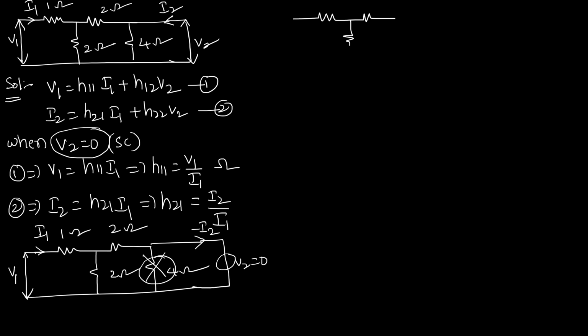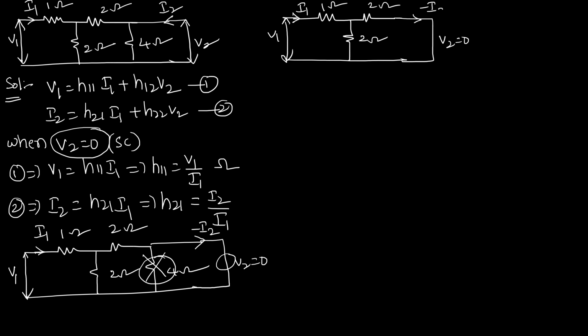So this is 1 ohm, 2 ohm, 2 ohm. Here is our V1 and here is our I1. Don't go for the 4 ohm, so directly have the connection like this. Here V2 is 0 and the current is minus I2.